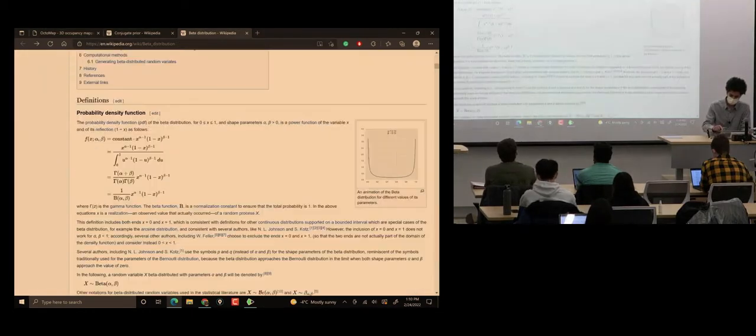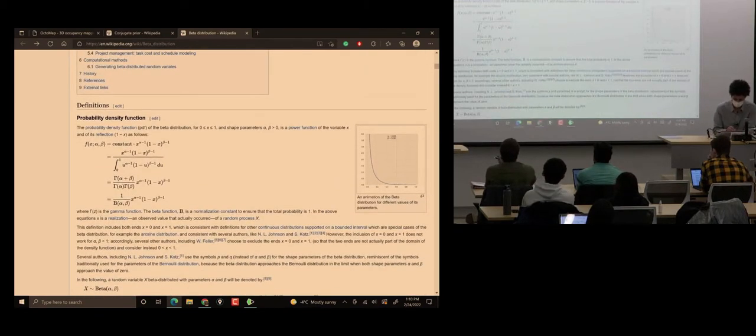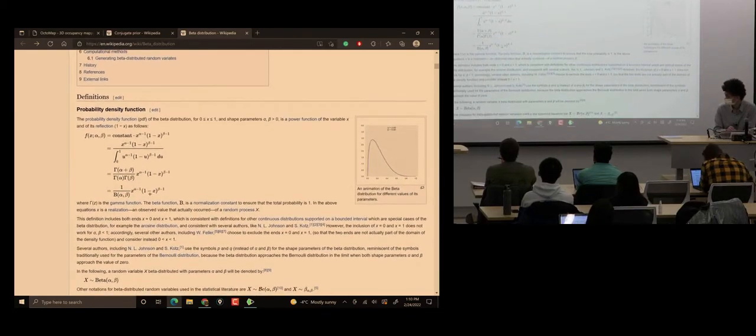Now, what's the equation for this distribution? You see the last line in this equation. There's a normalizing constant. You can ignore that. Then x is the event, here being occupied or not, so it's occupancy, raised to the power of alpha minus 1, times 1 minus x raised to the power of beta minus 1.